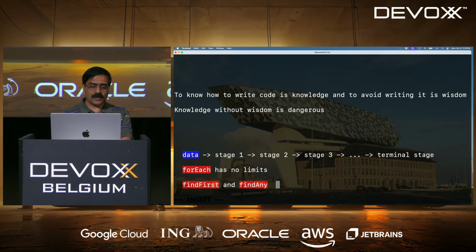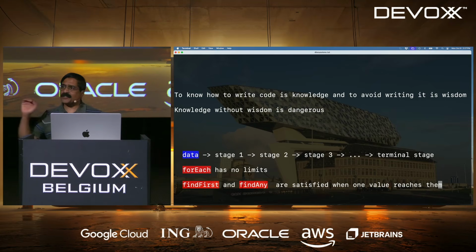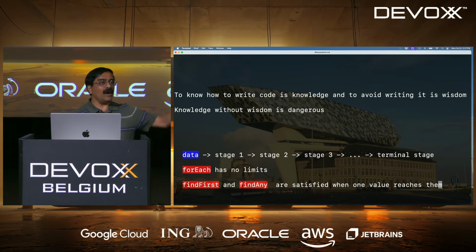Both of these are satisfied when one value reaches them. So the minute the first value hits a findFirst, what does findFirst say? Oh, thank you so much. I'm very happy. That's all I need. I don't want any more.